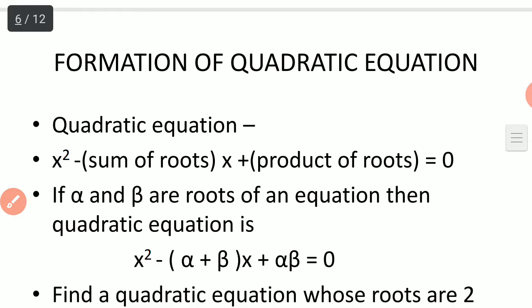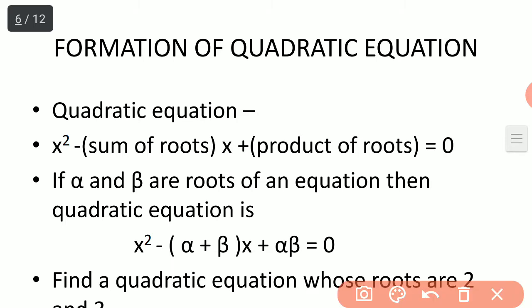Now, formation of quadratic equation. When the roots are given, then we can find the quadratic equation by using this formula: x square minus sum of roots into x plus product of roots equal to 0.